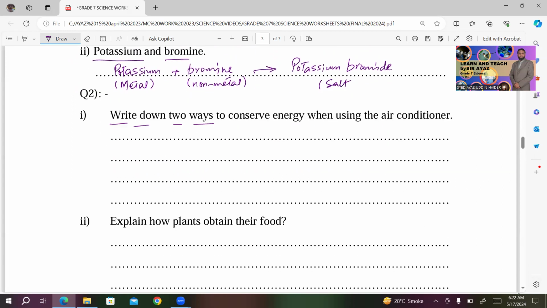Question number 2. Write down 2 ways to conserve energy when using the air conditioner. So you can use any renewable source of energy, not a non-renewable resource like fossil fuel.